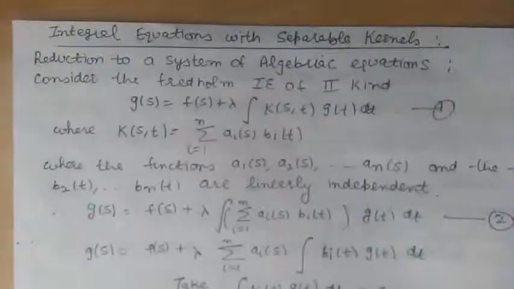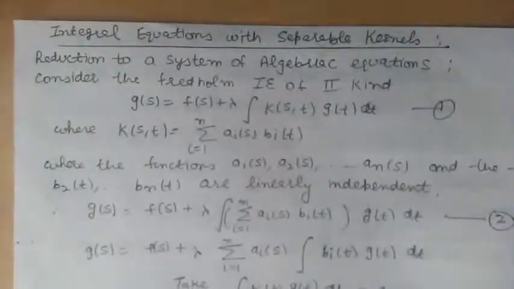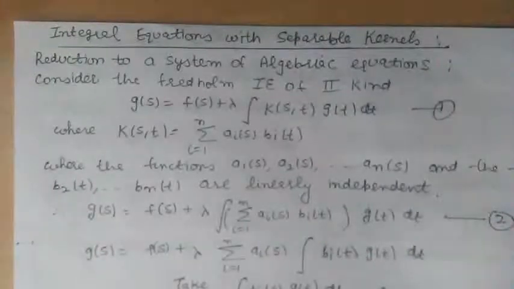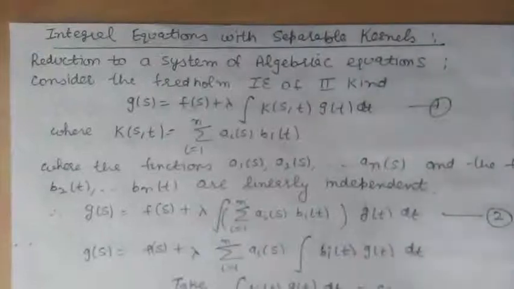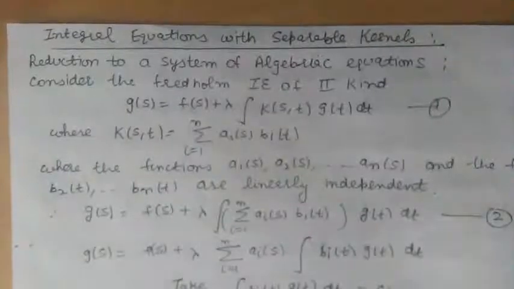Replacing s by t, we get g(t) = f(t) + lambda summation ck ak(t). In the summation we have replaced the suffix i by k.